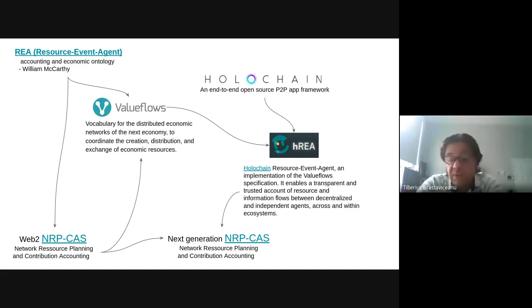So essentially, you can use the REA ontology to produce any economic statement in a network environment. Any economic event is representable with the help of this ontology.